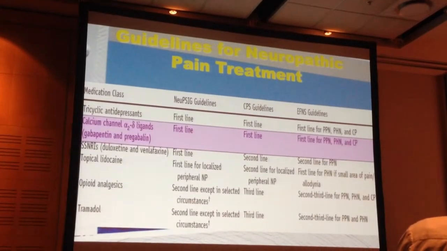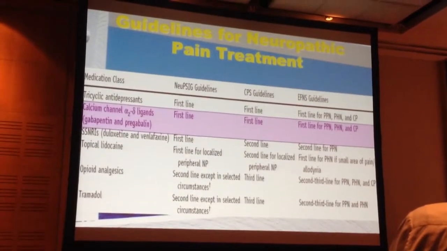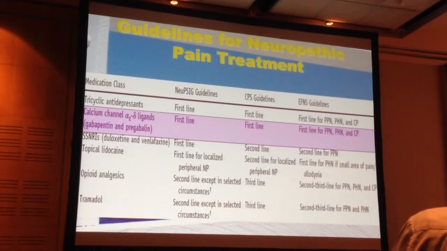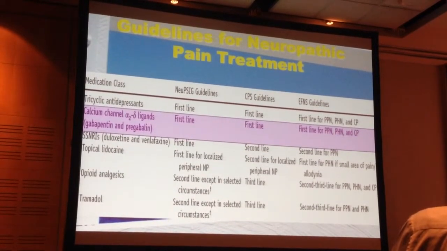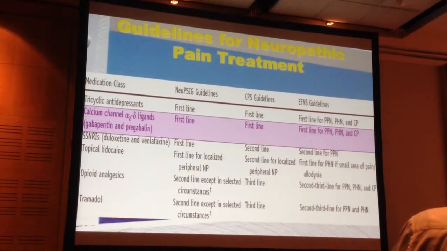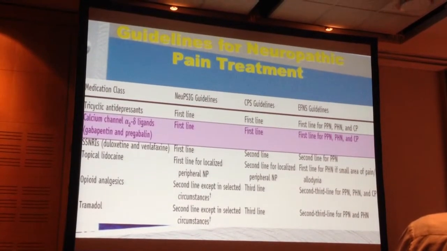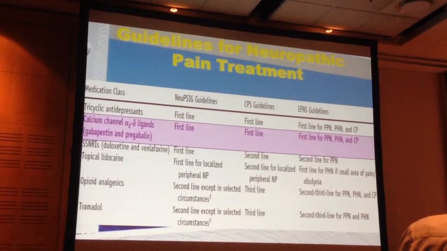But I personally think that really we have now a situation where either SNRIs or alpha-2-delta modulators are the two first-line treatments I usually start patients on, depending on the picture I see.